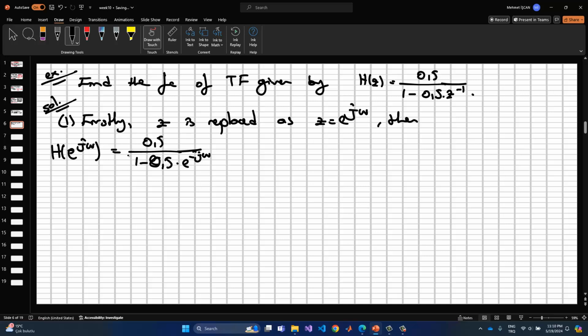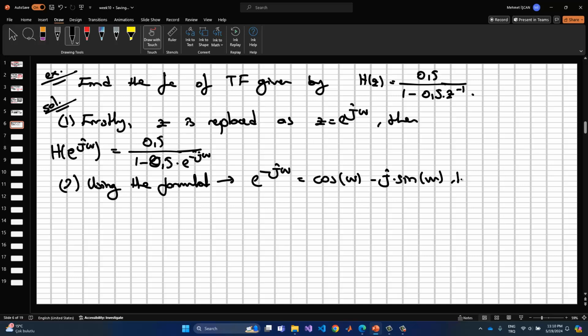Then we need to use the formula e^(-jw) equals cosine w minus j sine w, and then we can write that H(e^(jw)) equals 0.5 divided by (1 minus 0.5 times (cosine w minus j sine w)).